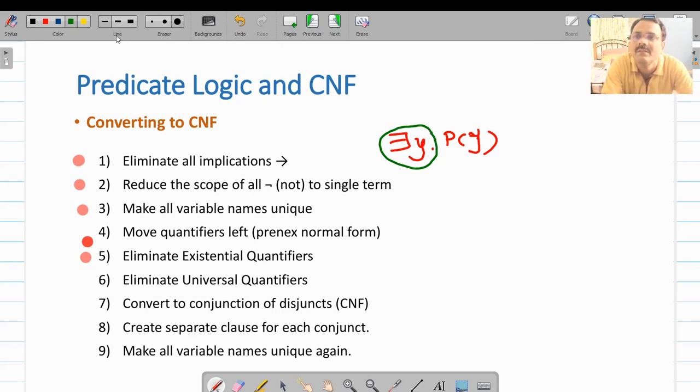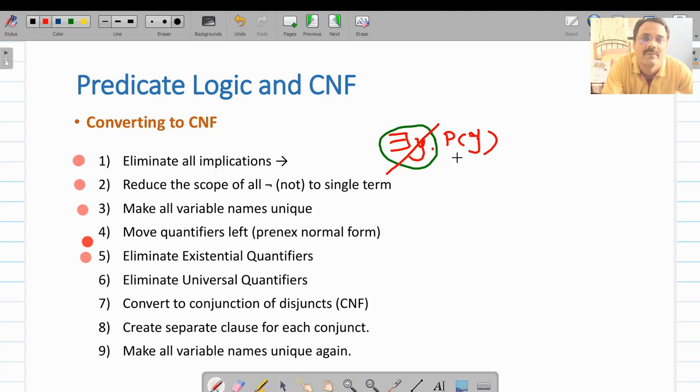So for that purpose we must understand what is the meaning of this. Meaning of this is there exists some value of y for which P of y is true. So if I know that particular value of y, I can remove there exists y and I can substitute that value in place of y. If I do not know that value, you introduce a function as an argument to the predicate, assuming that that function will return that constant value, because we know that a function returns some value.